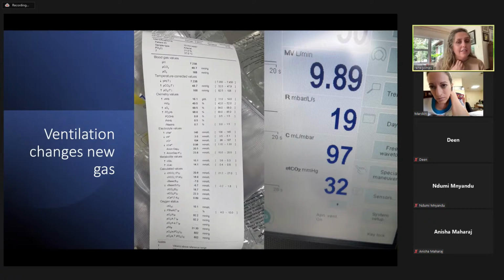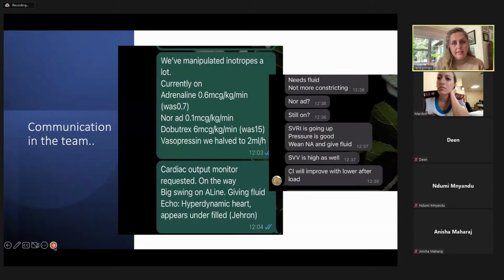Let me rather say that: cardiac output that is too low, because it's not hypoxia driven, it's going to be the delivery of that oxygen to the cells. So we needed to figure out quickly what is going on with the cardiac output, and that made us even more urgent to put the cardiac output monitor on. Also, I just quickly checked what the resistance and compliance was on the ventilator, and that was normal. So we weren't too worried about that.